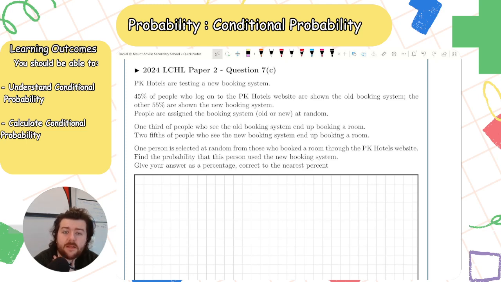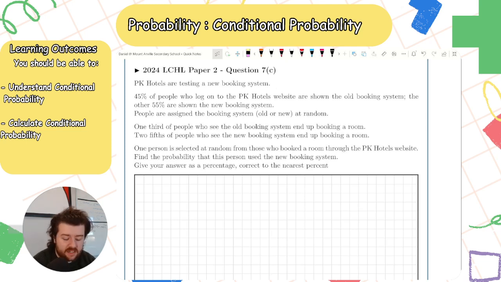People are assigned the booking system, old or new, at random. 1/3 of people who see the old booking system end up booking the room. 2/5 of people who see the new booking system end up booking a room. One person is selected at random from those who have booked a room on PK Hotels' website. Find the probability that this person used the new booking system.